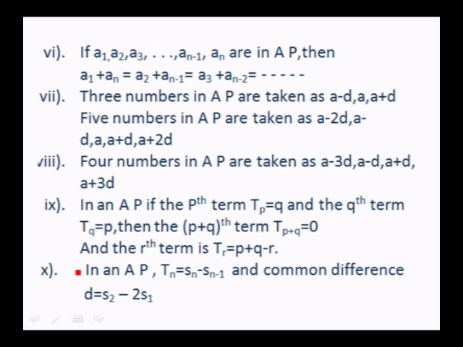So Tn is Sn minus Sn minus 1, and the common difference D can also be obtained by taking the sum of the first 2 terms minus twice the first term, that is S2 minus 2S1.